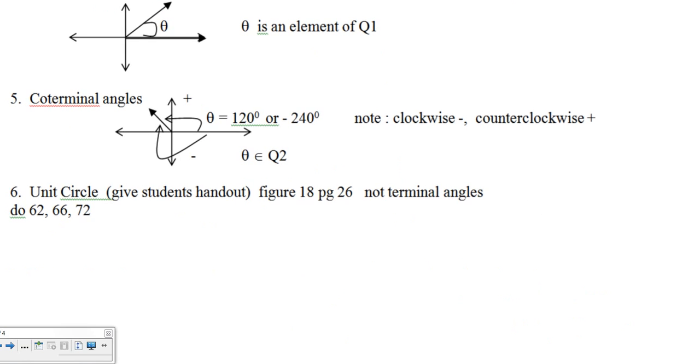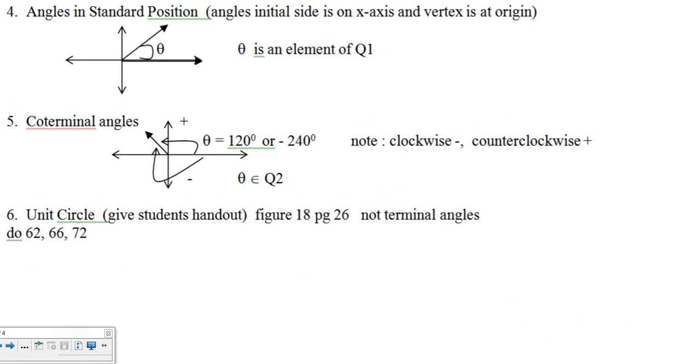Angles in standard position. This is going to be new for you, but you're going to be doing it all the time in here, so this is where you really want to focus on the new stuff. When you draw an angle in standard position, you're always starting with the positive x-axis.